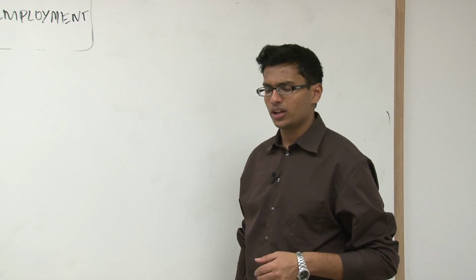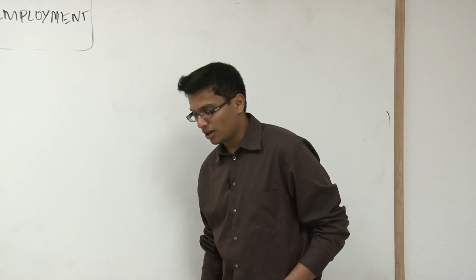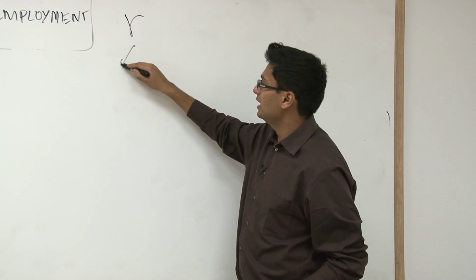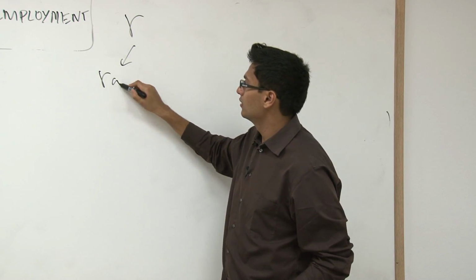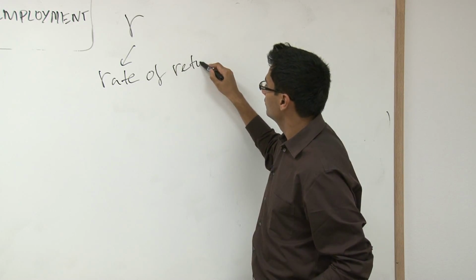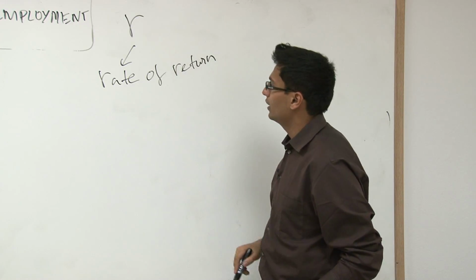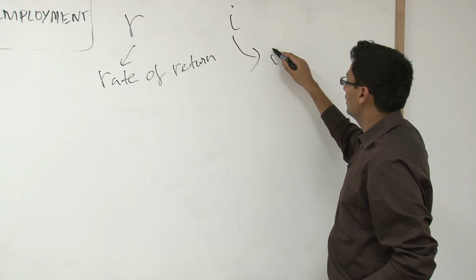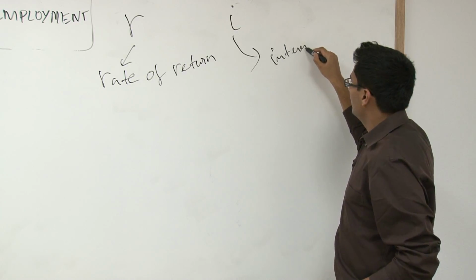On a very, very simple level, we're talking about two different things. R, which is the rate of return, and I, which is the interest rate.